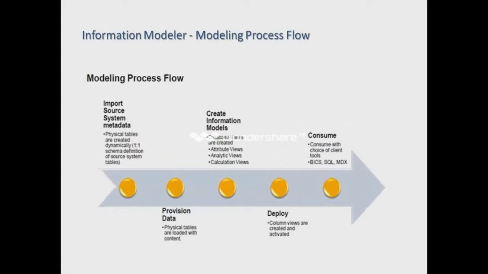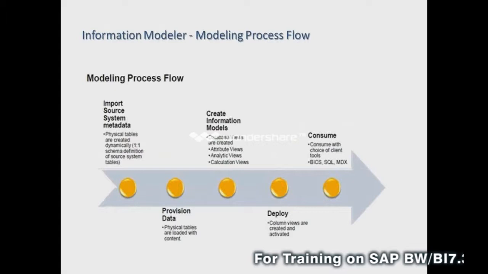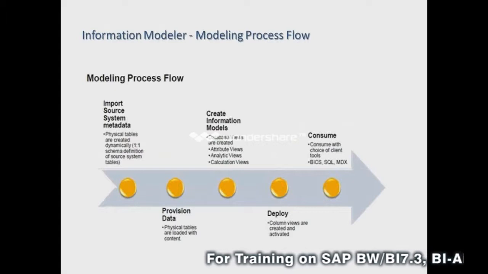I already said that column views are for analysis. Most of the time we only work with analysis reports, so that is the reason all these models are automatically created as column views, and the table type will be column table type, and consumed with the client of your choice.